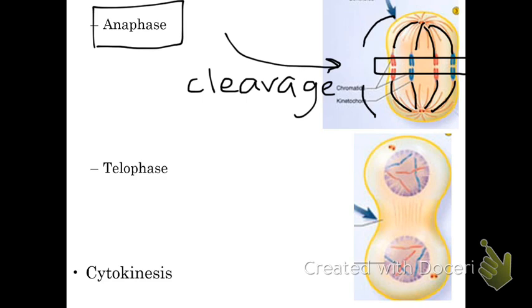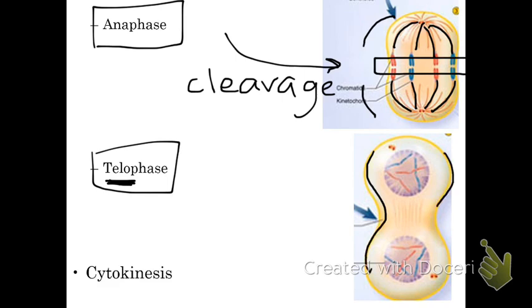Then finally, there is telophase. Now, telo means end or last, so it's the last phase of mitosis. And you can see that the cleavage is much more dramatic in telophase. The two cells are pulling, or that cell is pulling into two cells.